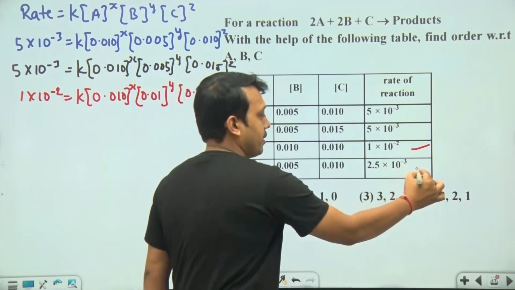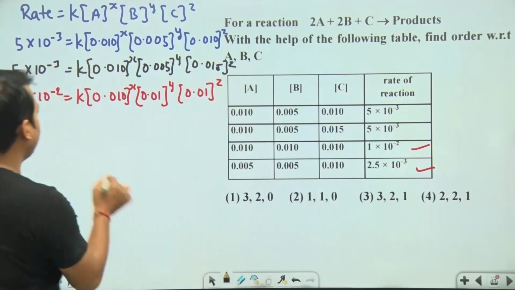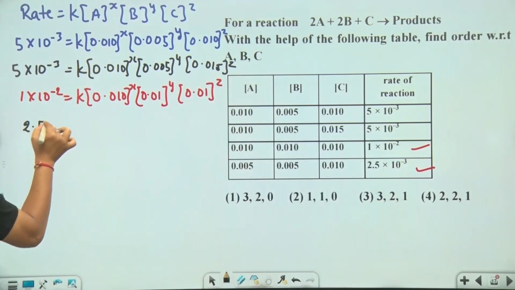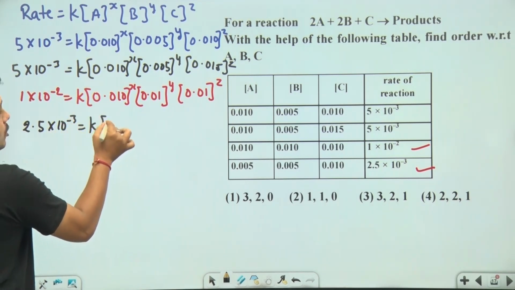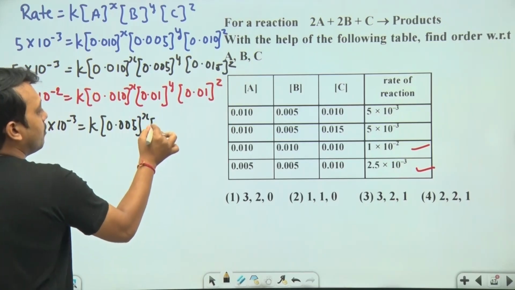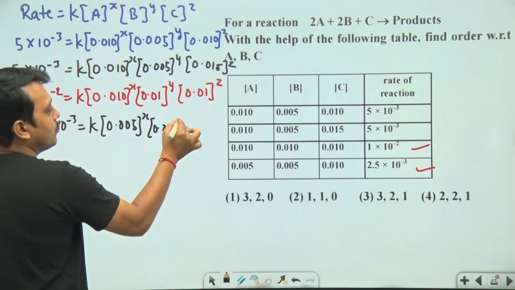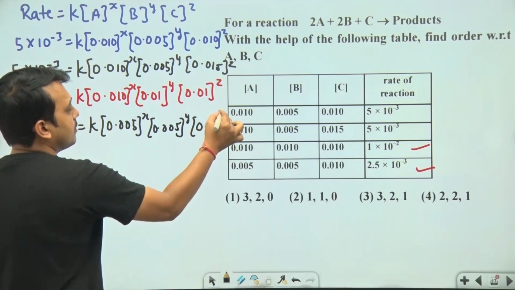Now from experiment number 4, we can write it as 2.5 into 10 raised to the power minus 3, that is equal to K, 0.005 to the power x, 0.005 to the power y and 0.01 to the power z.